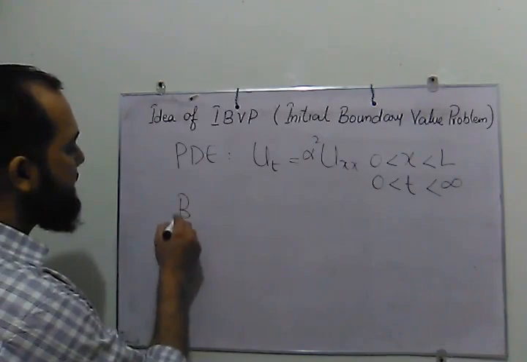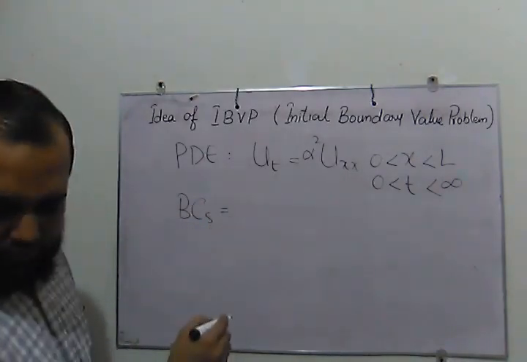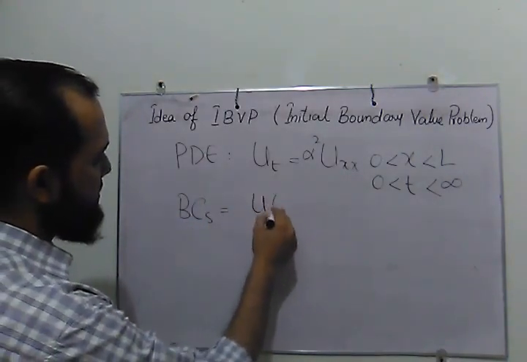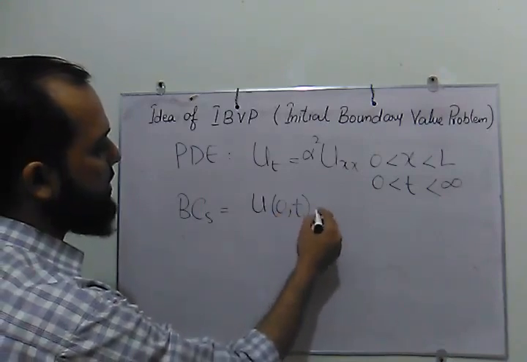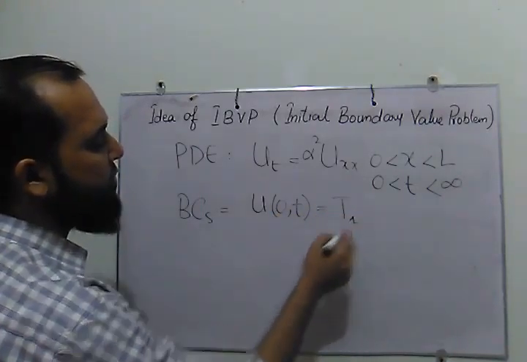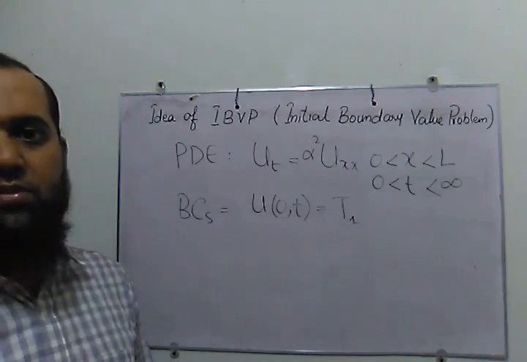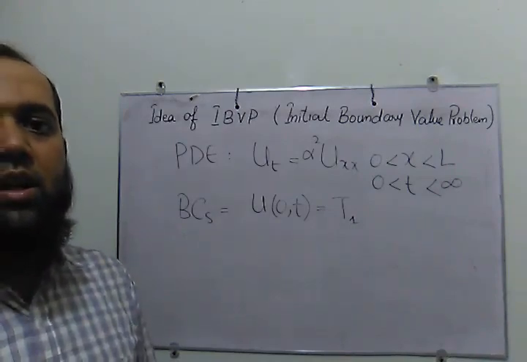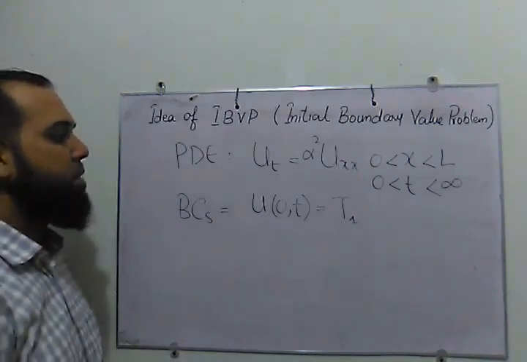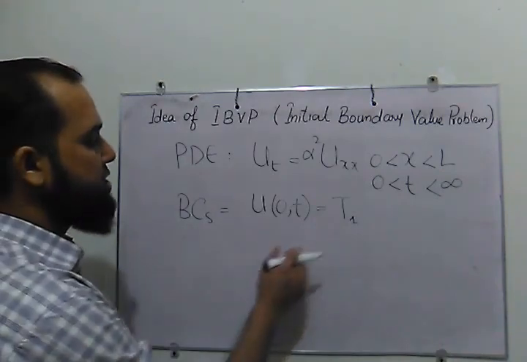We write the boundary conditions as follows. In that case, we have fixed temperature. In the next lecture, we will see that there are three types of boundary conditions, but here we have fixed temperature at the boundary.